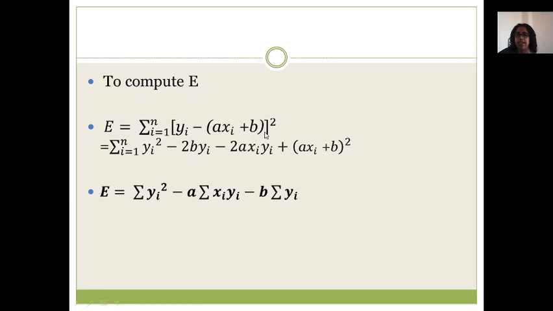Here we are seeing small ei squares, and again expanding. This is just rearranging the above equation, and finally you will get capital E as the sum of yi squared minus a times the sum of xi yi minus b times the sum of yi.